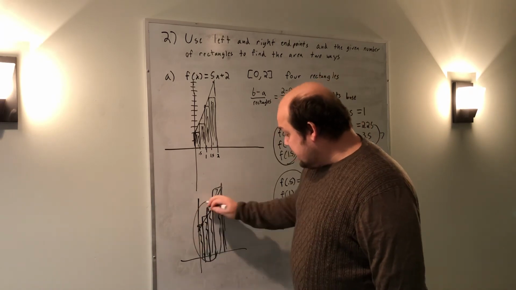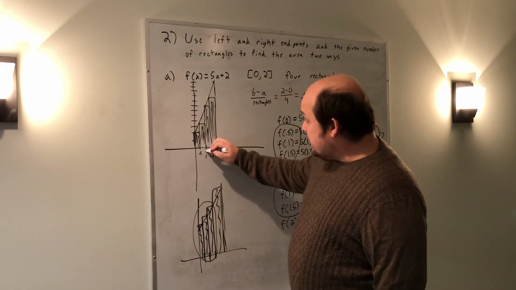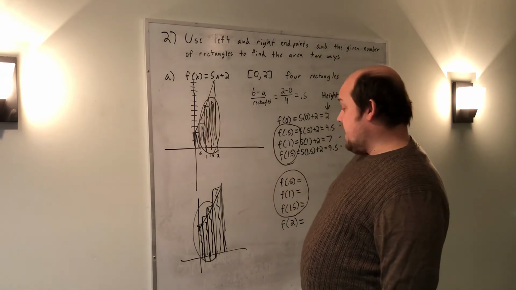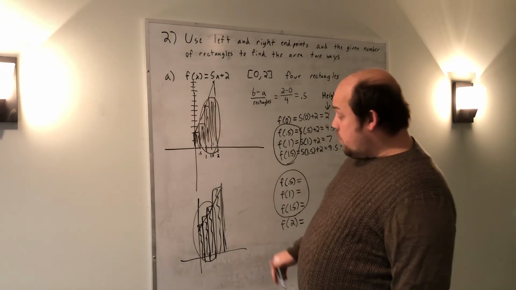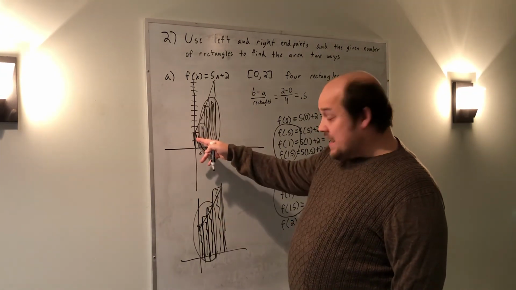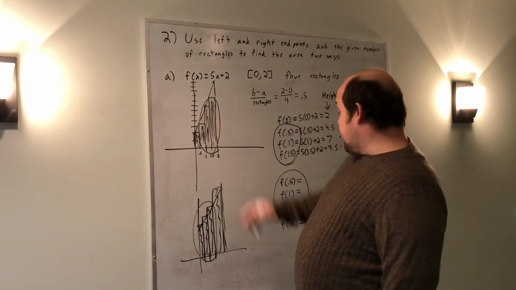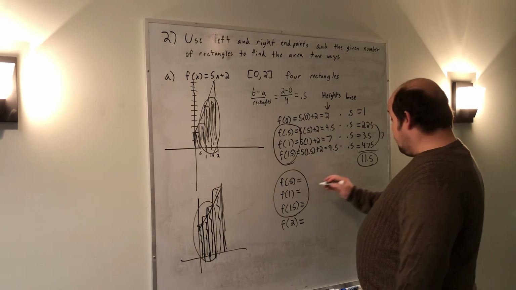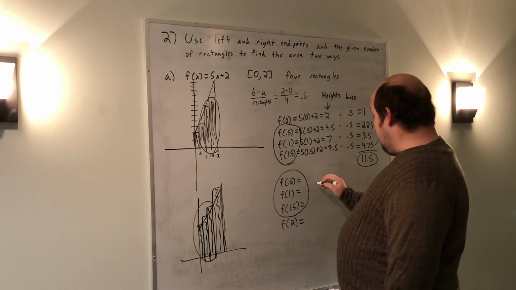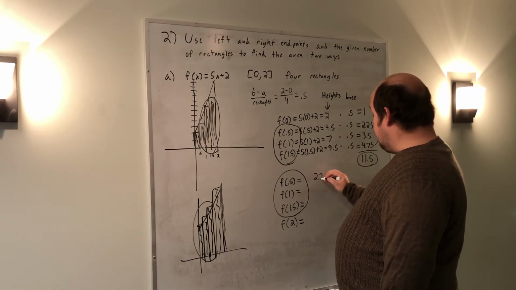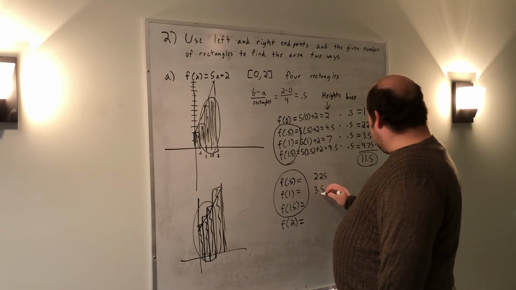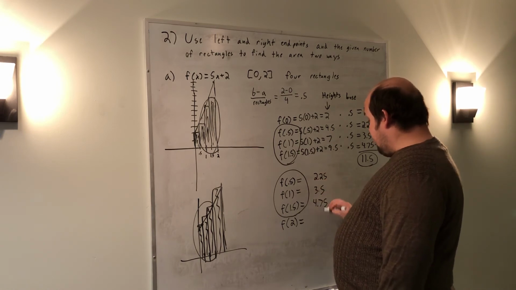But really, these 3 rectangles are the exact same as these 3 rectangles. So it's just a question of take away that first rectangle from left-sided, add in this last rectangle from right-sided. So we know these 3 already from above are going to be 2.25, 3.5, and 4.75.